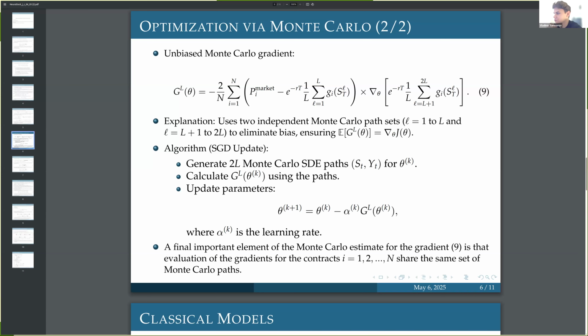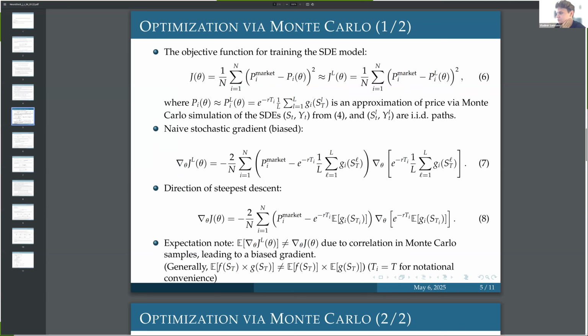No. You use gradient descent and backward propagation, but if you use it in a naive way, you would get a biased estimation of the gradient, and you don't want that.